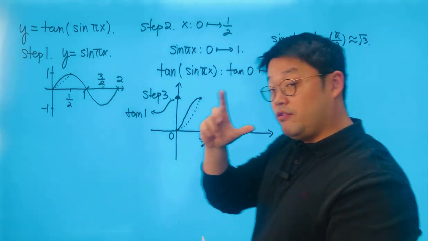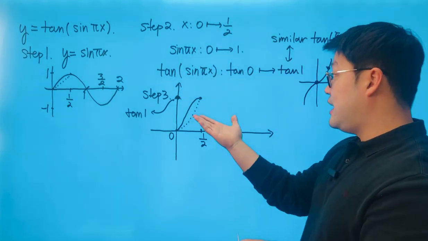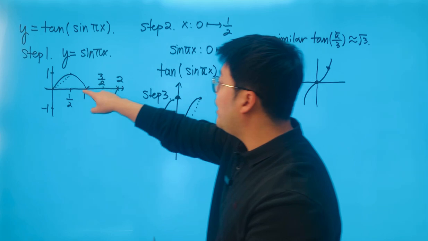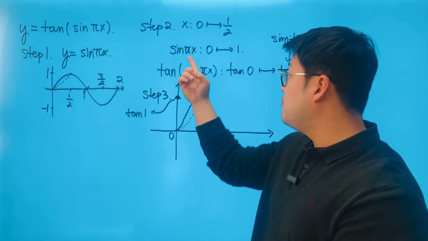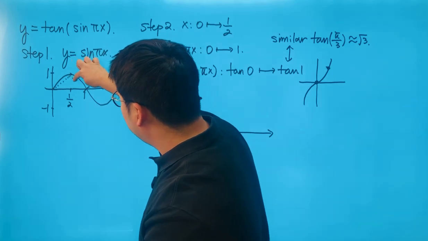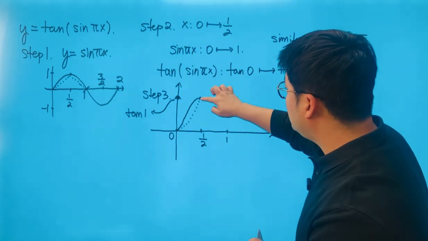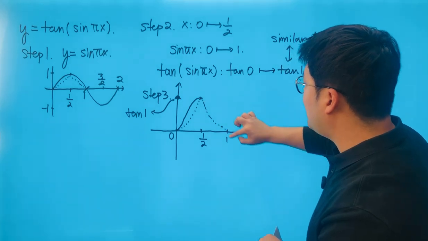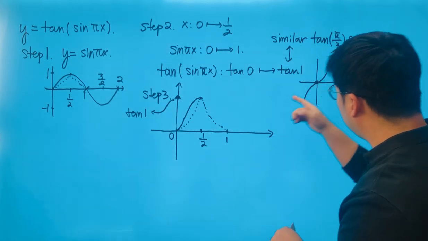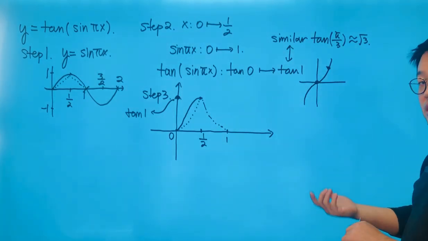Now look at the symmetry from 1 to 0. As x moves from 1/2 to 1, my y value starts to fall. Sine pi x falls from 1 to 0. So I would have sketched this amount of curve, from tangent 1 all the way to tangent 0 with a sliding motion.